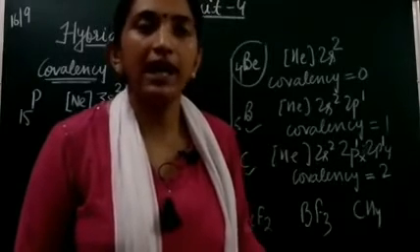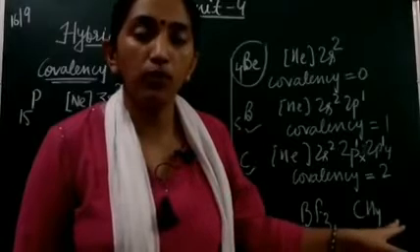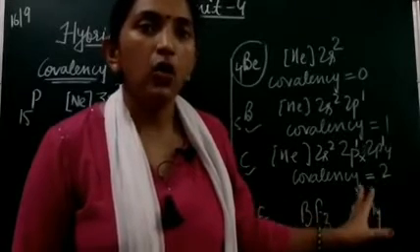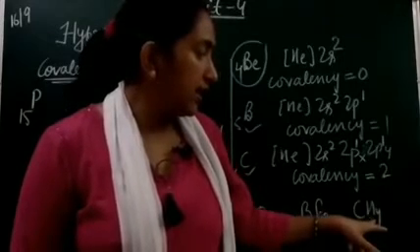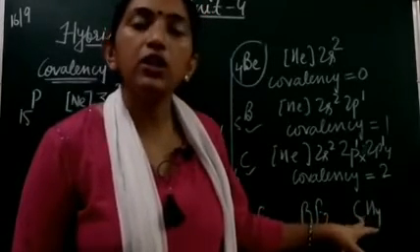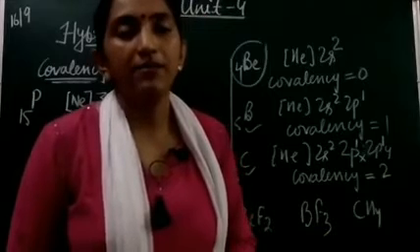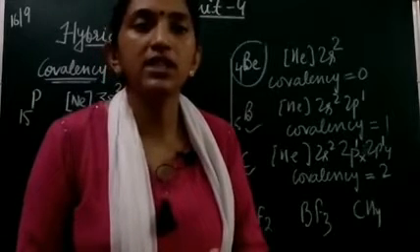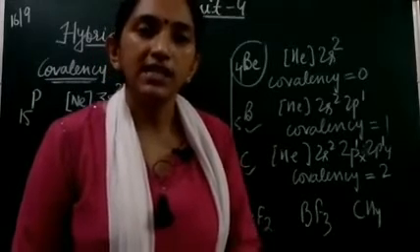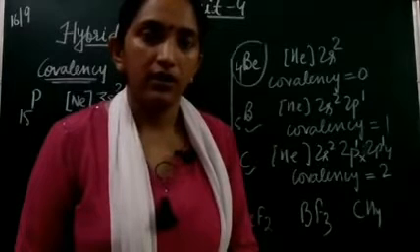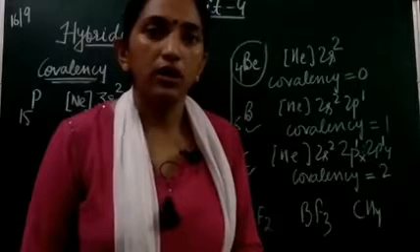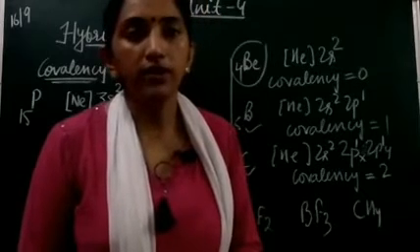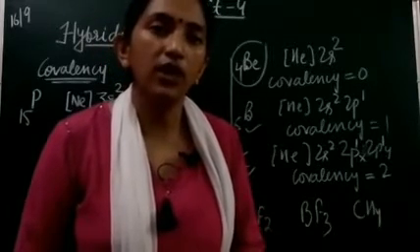Experimentally, it is found that the 4 covalent bonds formed by the overlapping of the atomic orbitals are equivalent. That means the bond enthalpy of the 4 C-H bonds in methane is the same, right? Similarly, the direction of the bond is also determined, which determines the shape of the molecule.